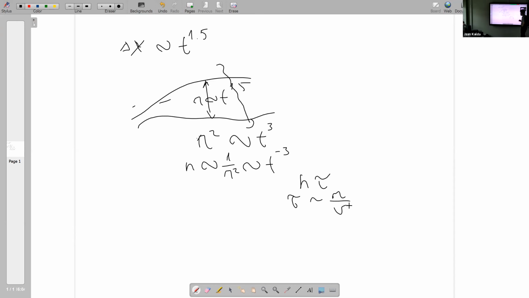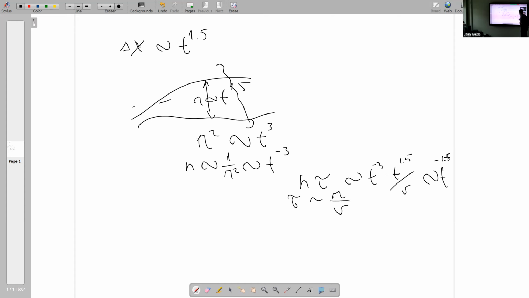So n is inversely proportional to t cubed, multiplied by the radius divided by v, which is t to the minus 3 times t to the power of 1.5 divided by v, which is constant. So it is inversely proportional to t, or time is actually distance, the same as distance to the power of minus 1.5.